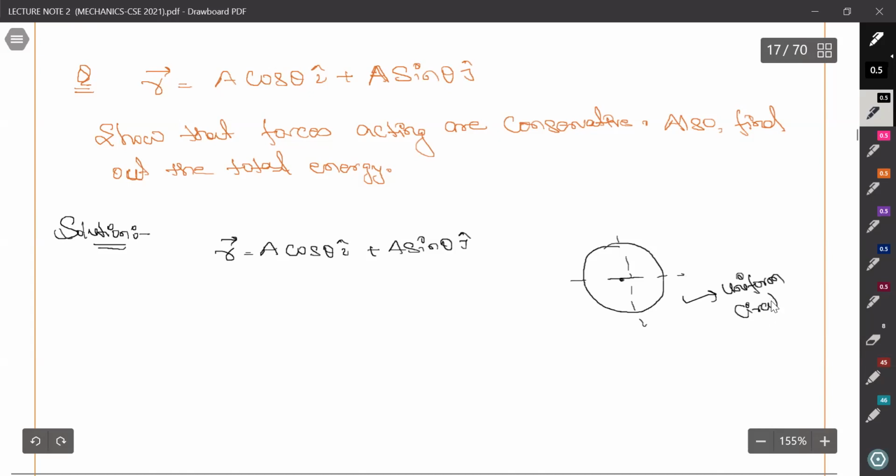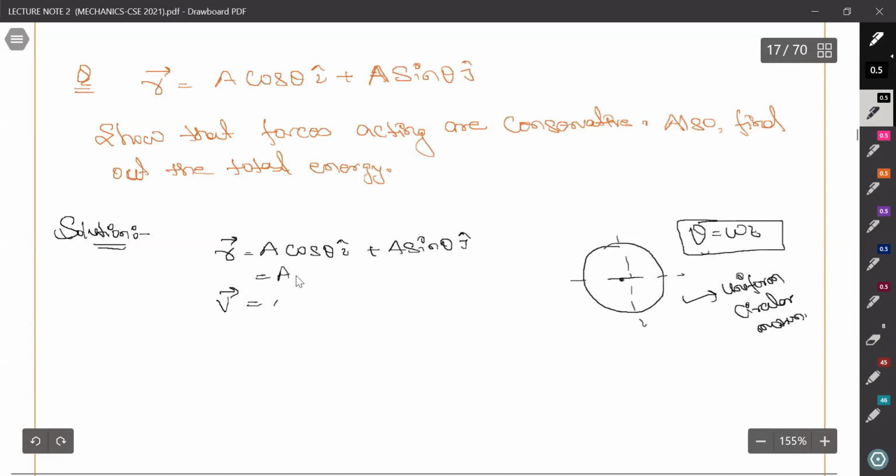We can easily say that. Also, if we find the v, let's suppose theta is omega t.